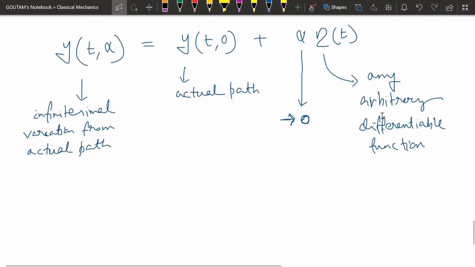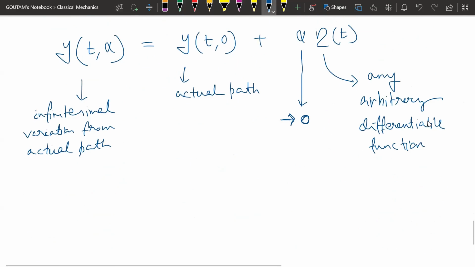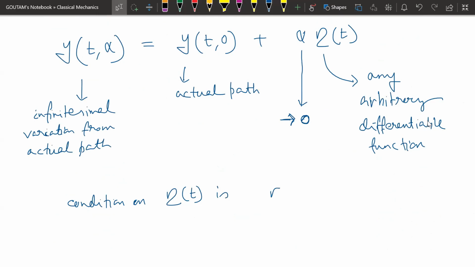Then the condition on eta is that eta at t equal to t1 equals eta at t equal to t2 equals 0.